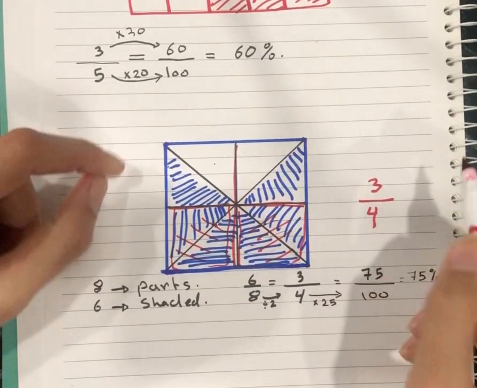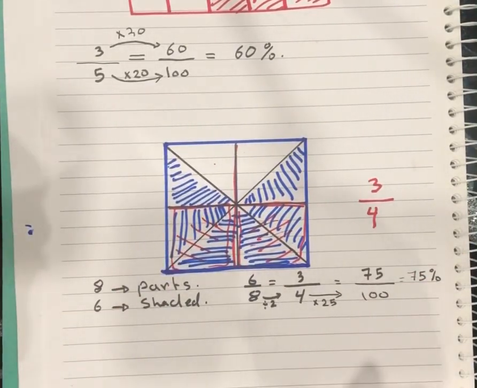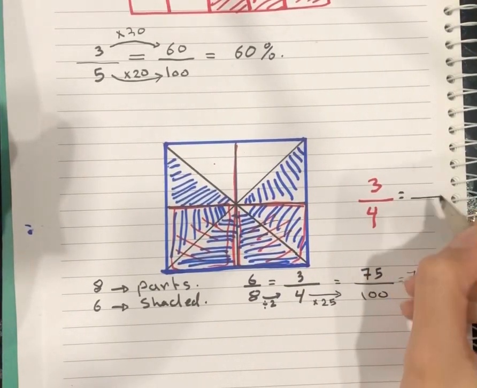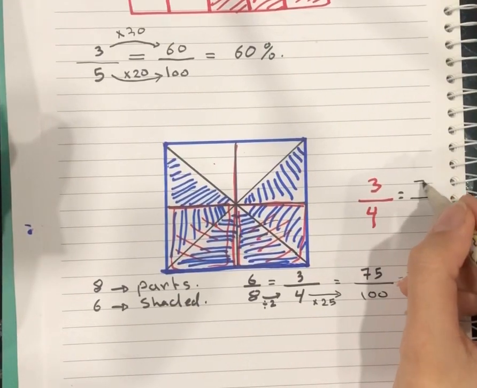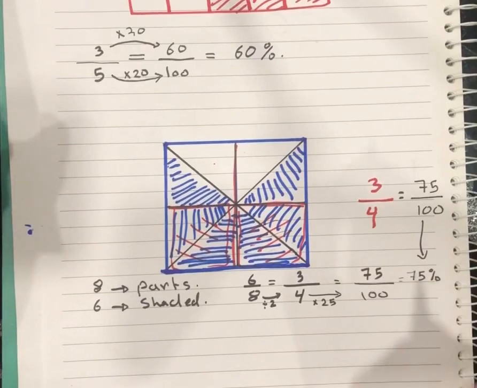Now to change this into a percentage, we will do the same that we did in this step. We multiply by 25, we will have 75 out of 100, which equals to 75%.